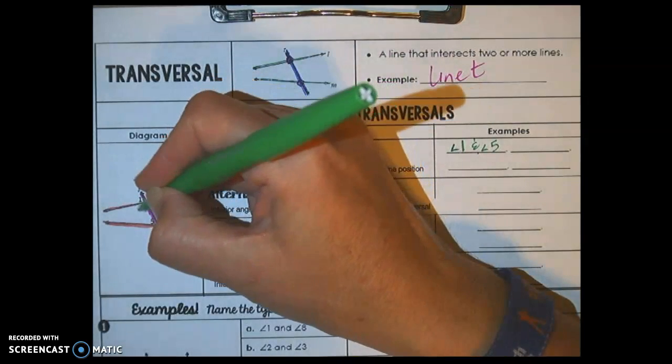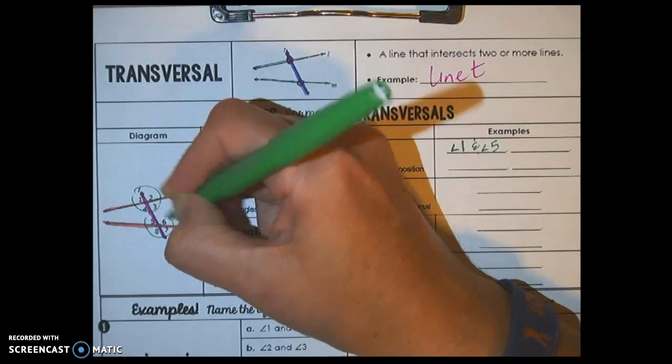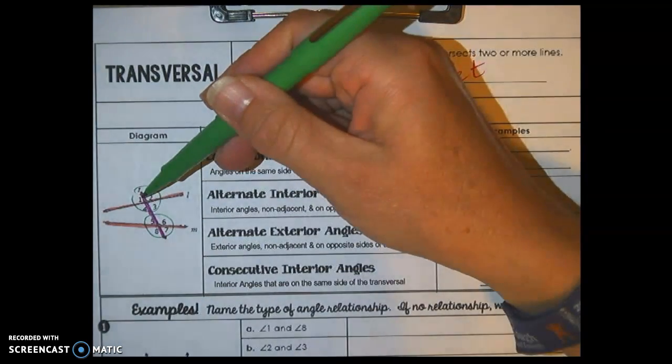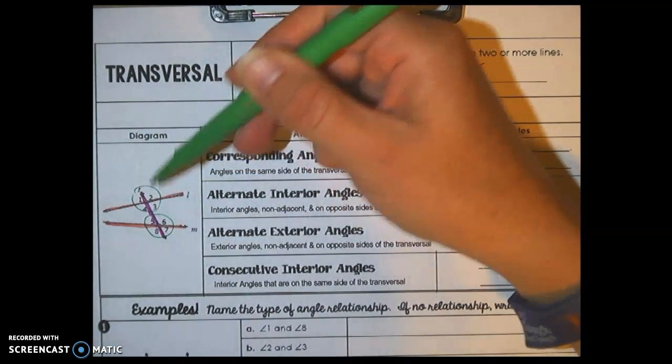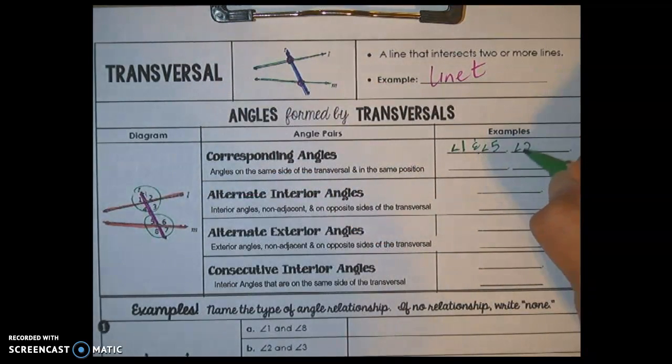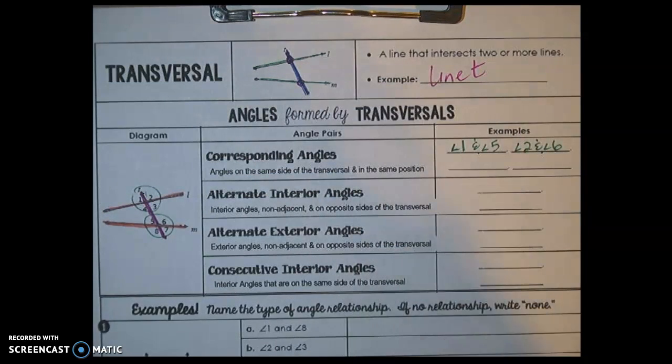We're going to look at these sets of angles, and that is really our goal. Another set of corresponding angles would be to the right and above: angle 2 and angle 6.